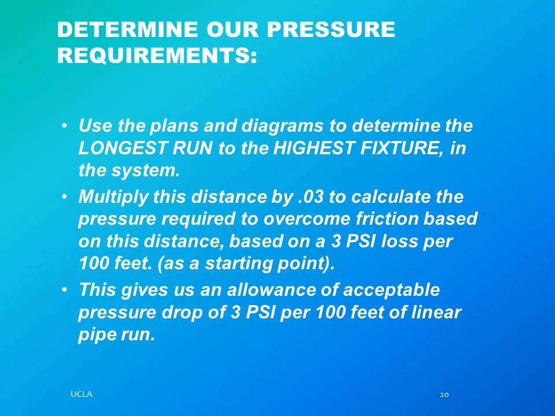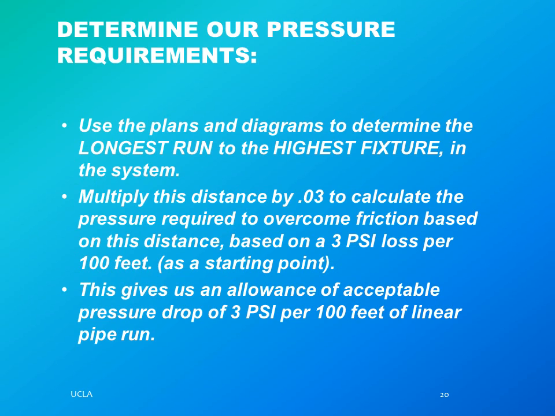Normally 2 to 5 are the numbers that we would design to, but this gives us an allowance of acceptable pressure drop of 3 psi per 100 feet of linear pipe run. This is a typical number, arbitrary somewhat, yes, but it's a good number to use.